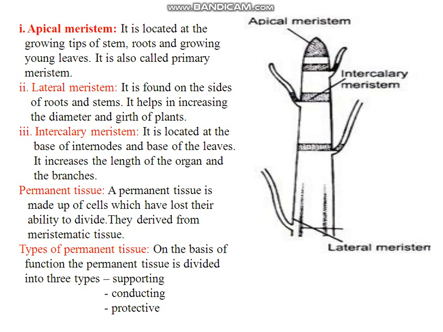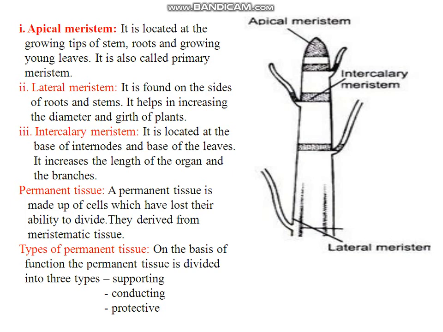Then lateral meristem. Lateral meristem is found on the sides of roots and stems. In the diagram, lateral meristem is not labeled clearly. You just see that two vertical lines are there. These vertical lines are lateral meristem.